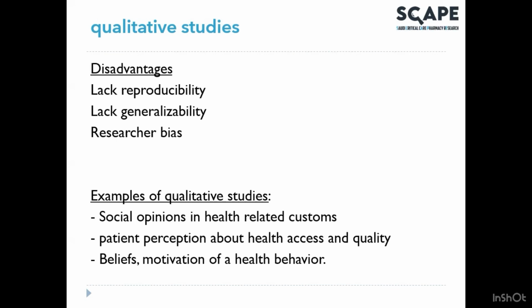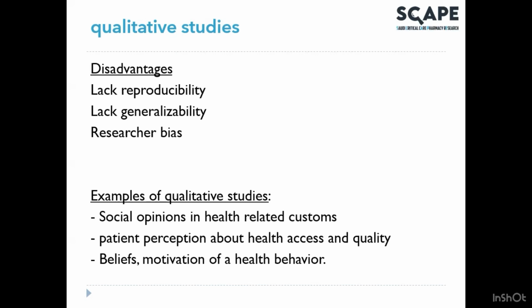It lacks generalizability, and there is a bias called researcher bias, which plays a big role here, because the way the researcher asks the question and the way he translates the responses of the participants might have a big effect on the qualitative results.